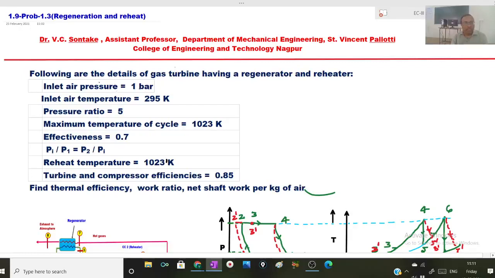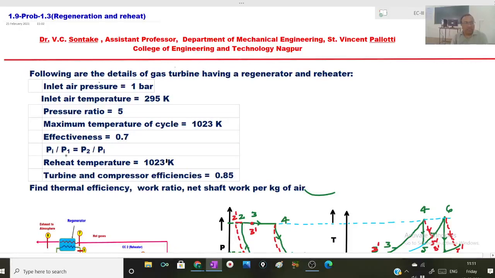Inlet air pressure 1 bar, inlet air temperature 295 Kelvin, pressure ratio 5, maximum temperature of cycle 1023 Kelvin, effectiveness of regenerator 0.7.